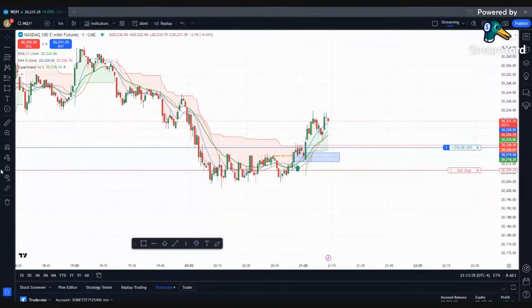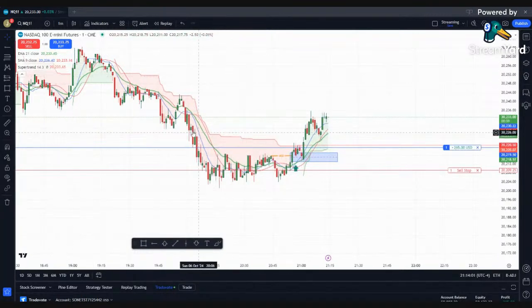So that's why we switched to a moving average. We tested this moving average, and we came up with this final indicator set: EMA 21, smooth moving average 9, and super trend. And this is where we became profitable. Someone might ask, why don't you add RSI?